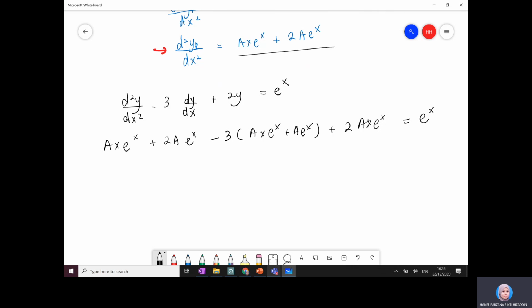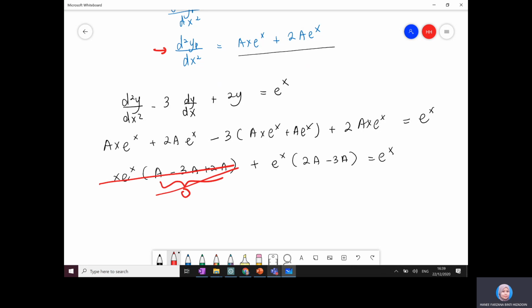Okay, now we are going to compare the coefficients. So collect all the similar terms together. For x e^x, you get A minus 3A plus 2A, and for e^x, you get 2A minus 3A, which is negative A. Here, this whole thing is 0, so you can just ignore this term.